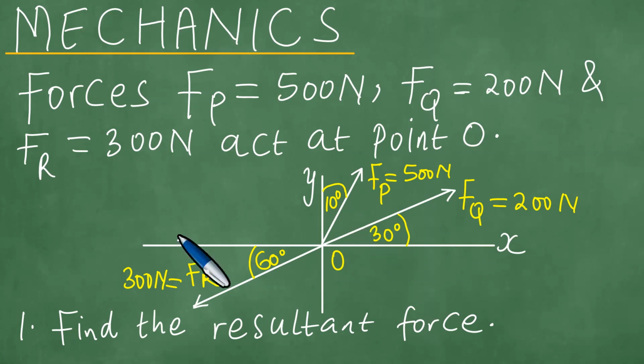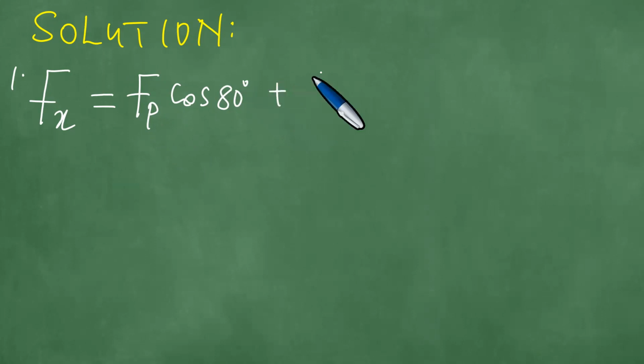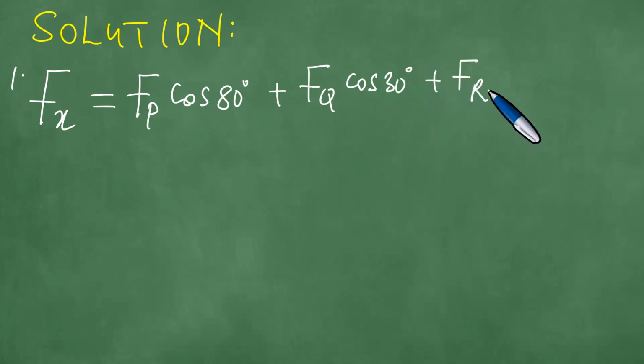Okay, and now we then say that Fx is therefore the force Fp times the cosine of 80 degrees plus the force Fq times the cosine of 30 degrees plus the force Fr times the cosine of 60 degrees.